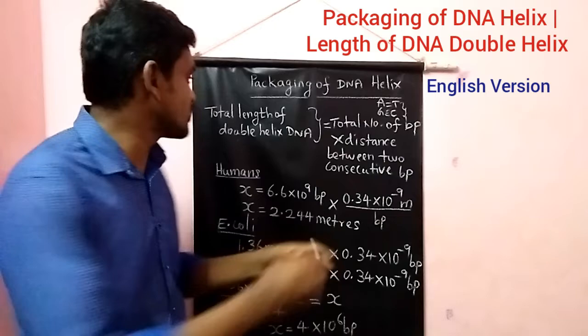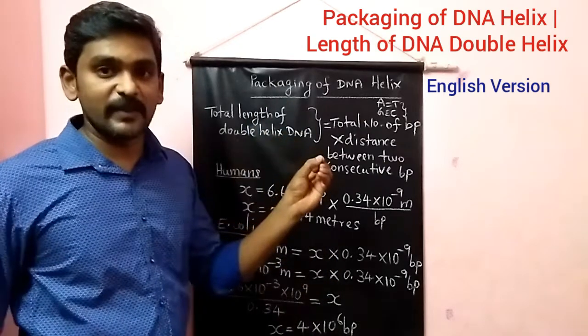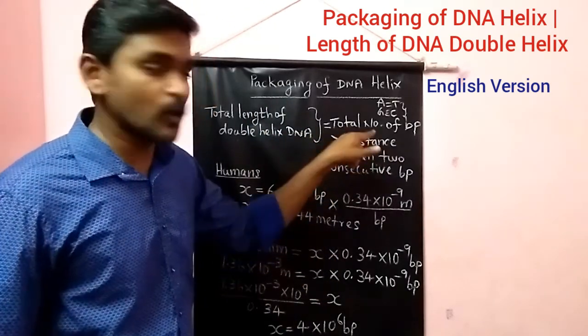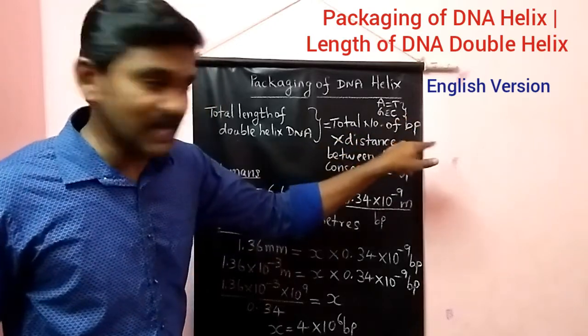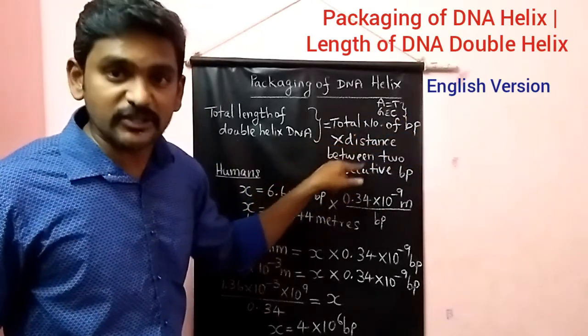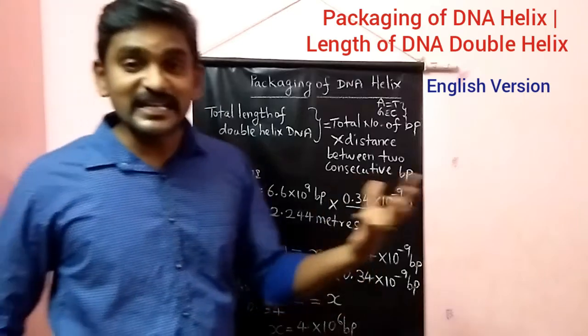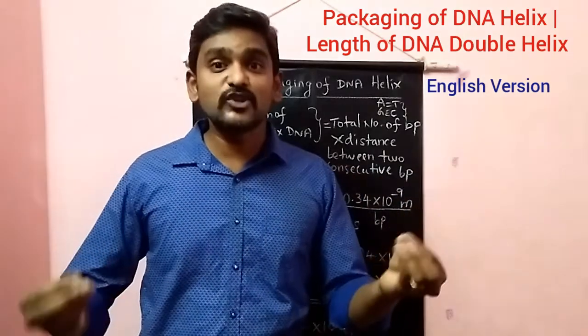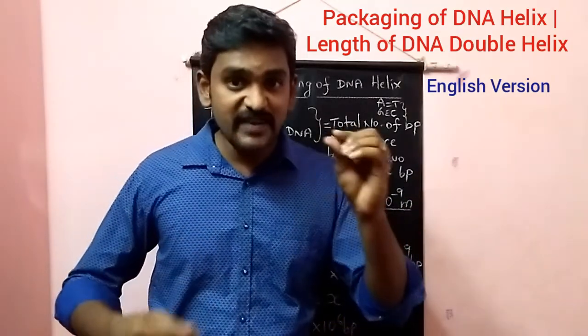So this is about the total number of base pairs and the distance between two consecutive base pairs. How can we measure the length of the DNA? With the help of the formula: total number of base pairs into the distance between two consecutive base pairs. Now we can easily measure the length of the DNA present in an individual cell.